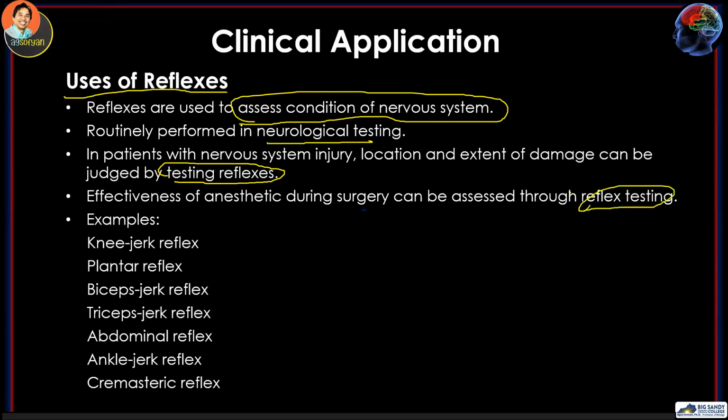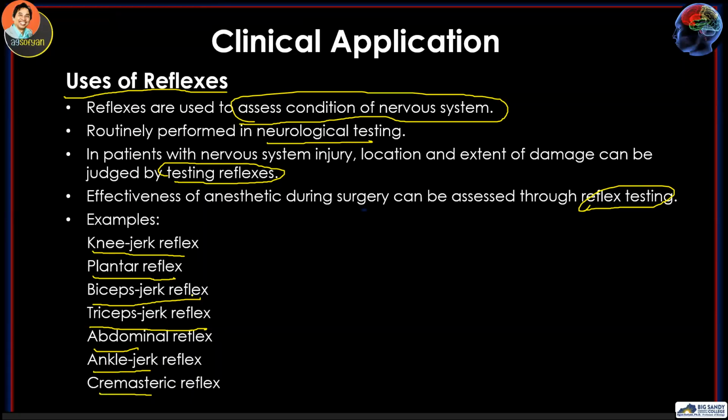Examples of reflex testing are the knee jerk reflex, the plantar reflex, which is in the foot, the biceps jerk reflex, which is on the biceps at the elbow joint, the triceps reflex, which is also on the upper arm, the abdominal reflex, the ankle jerk reflex, and the cremasteric reflex.